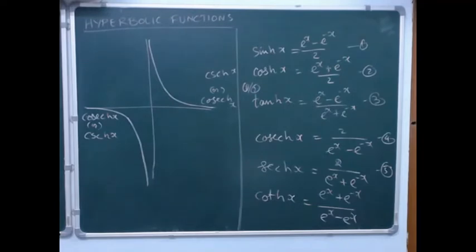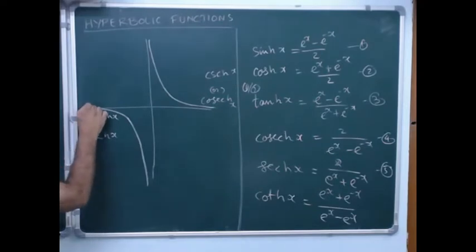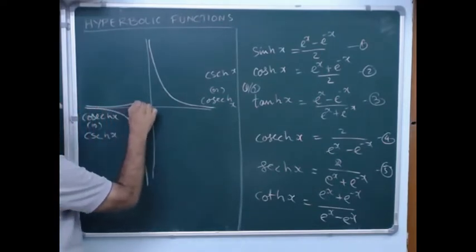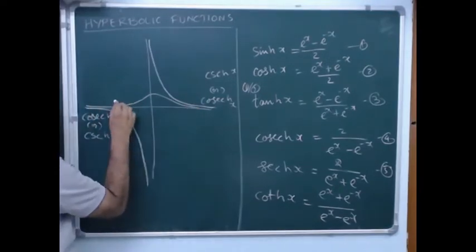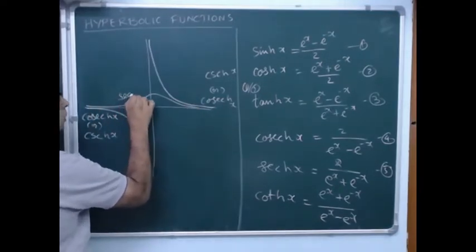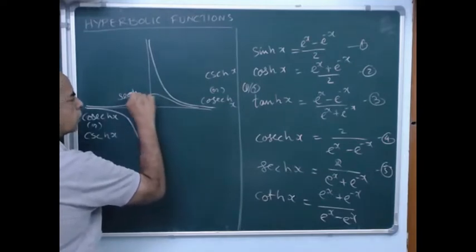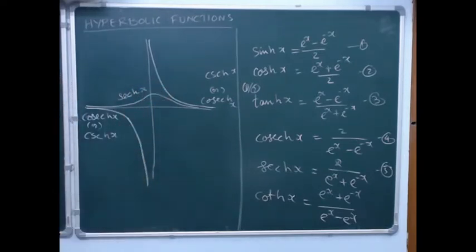And secant can be represented in this way. This is the secant, that is the hyperbolic secant function of x. Similarly, we can arrive at the cotangent.